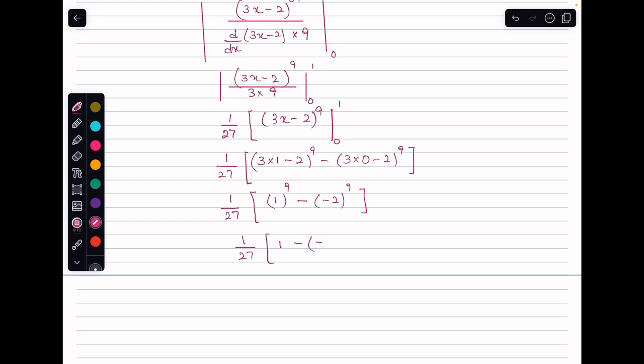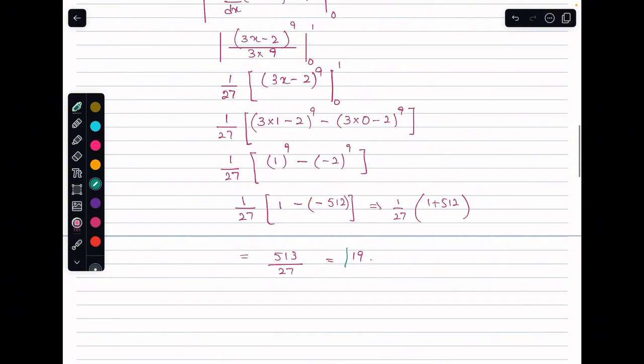And then 2 to the power 9 shall give me the answer as negative 512, or further I can say that this becomes 1 by 27 times 1 plus 512, or further this is going to be 513 divided by 27, and this gets simplified as 19. So this 19 then shall be the numerical answer to this question.